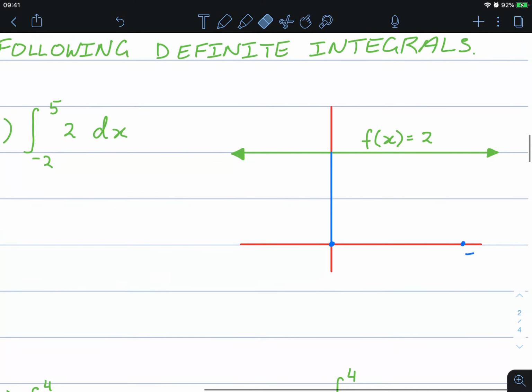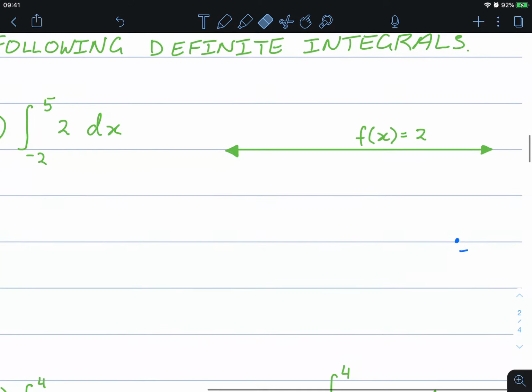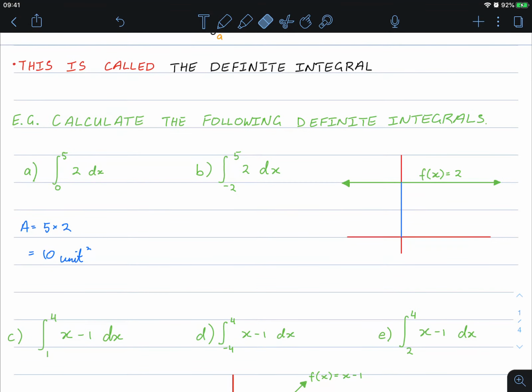Let's erase all of this. Let's just leave that blue one there. So now if we wanted to find it from -2 until 5, so let's just mark it here. Let's say that's -2, and 5 was here again, and we want to find this entire area here.